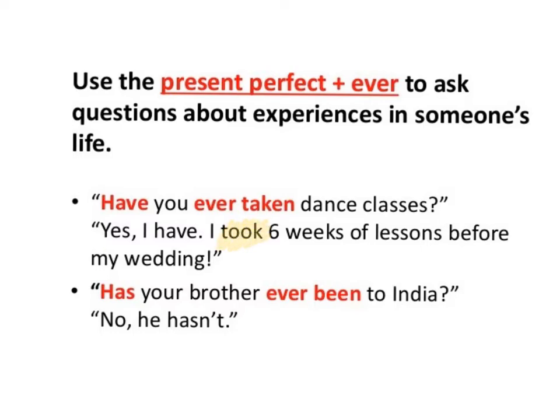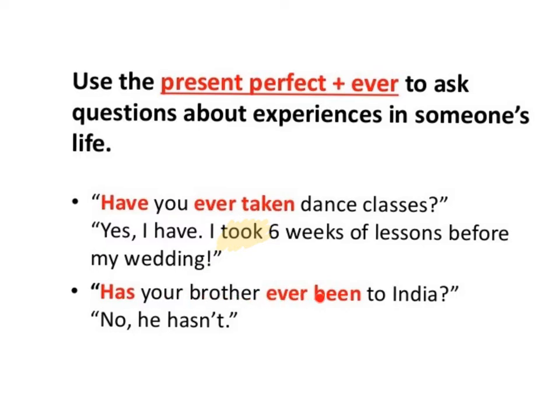This is not present perfect, it's simple past. So, present perfect is only to say yes, I have done it, no, I have never done it, or maybe I have done it once, twice, etc. But if you want to give any more details, now you have to change to past. I took 6 weeks of lessons before my wedding.